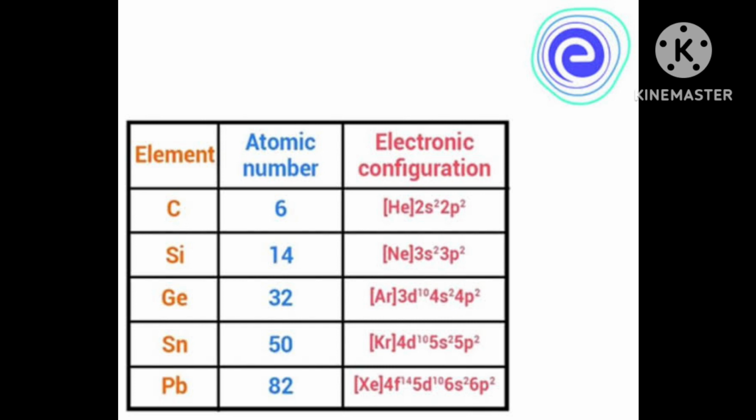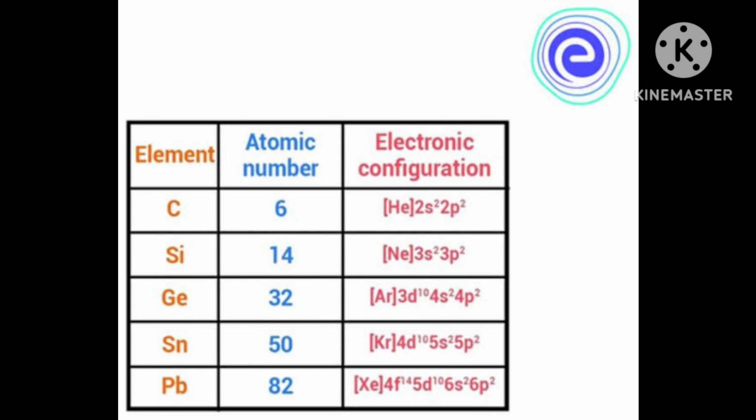Now in the case of tin, again it is less than germanium: 708 for the first ionization, 1411 for the second, 2942 for the third, and 3929 for the fourth. Here too the fourth is highest and the first is least.